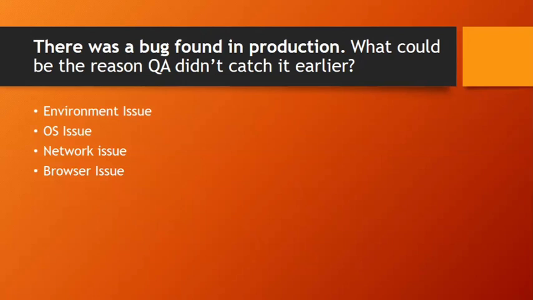Let's say the software was working perfectly on their machine one day prior, and at night some updates came up, and the next day the product could not work because the operating system or the browser got updated. The latest version of Google Chrome might also have been introduced into the market. So these are all the various reasons that you can tell whenever such questions are asked.